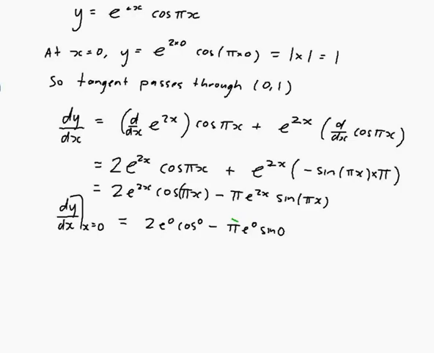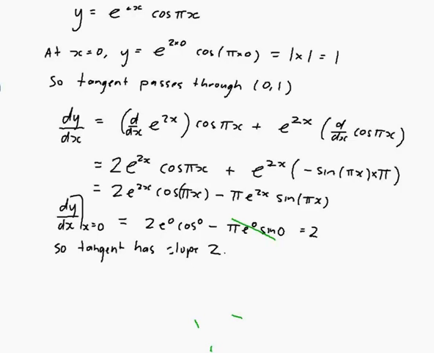It becomes 0. And e to the 0 cos 0 we already figured out was 1, so we get 2 times 1, which is 2. So the tangent has slope 2.